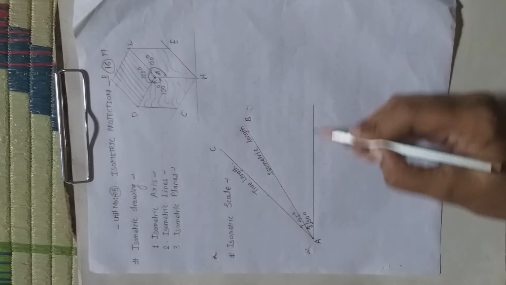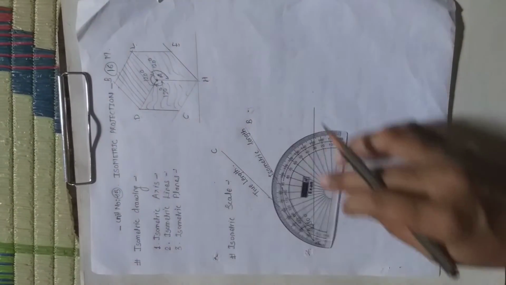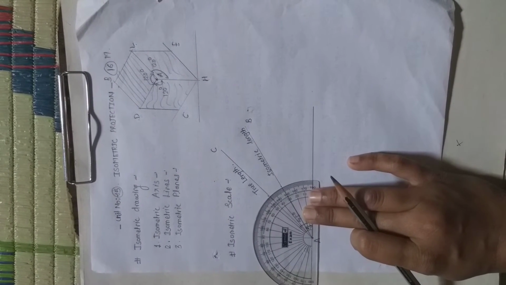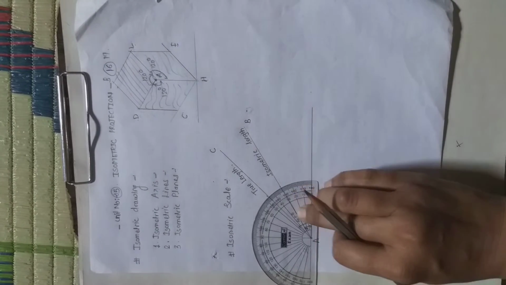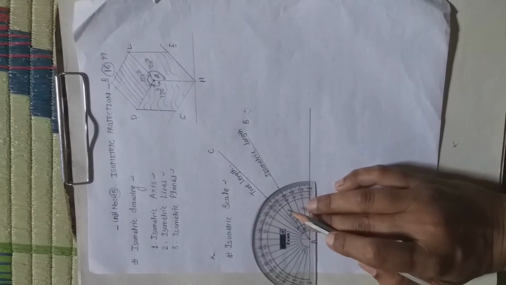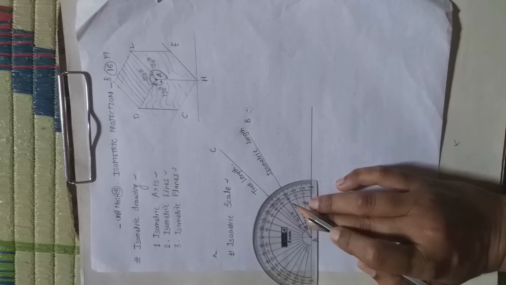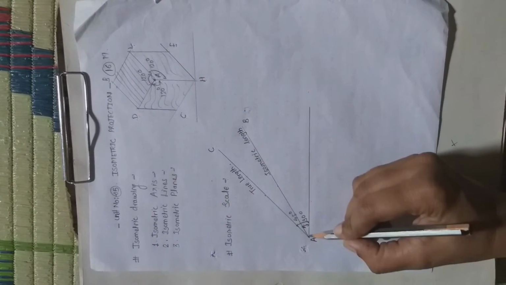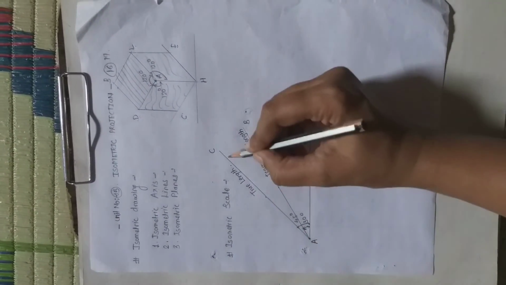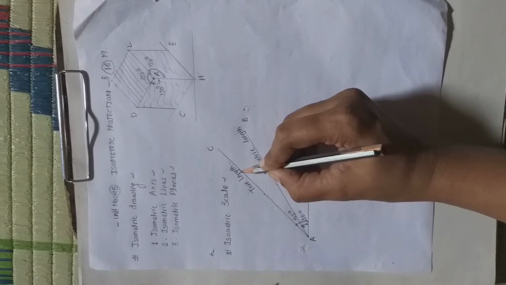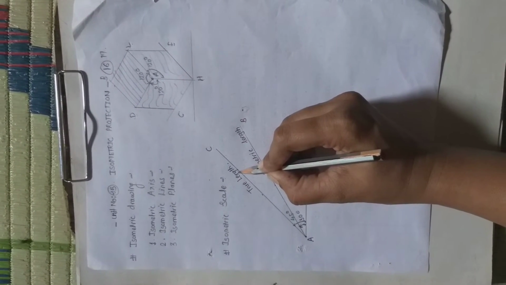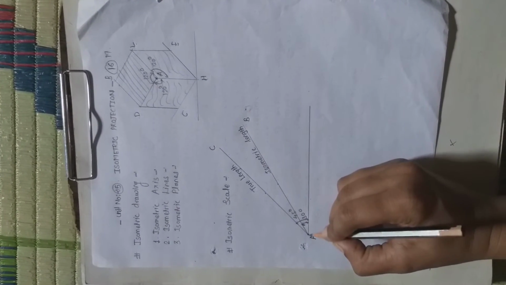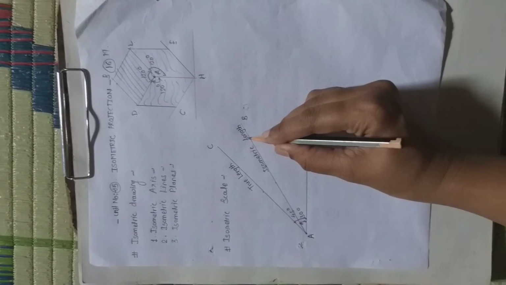Firstly we draw this line, and with the help of a protractor we draw a 30-degree inclination, and one more line here, and the angle between these two lines is 30 degrees. Again we draw one more line at 45 degrees inclination with this line, and this line is the true length, meaning the true dimensions of any object. When we take the 30-degree inclination, that line is called the isometric length of the object.